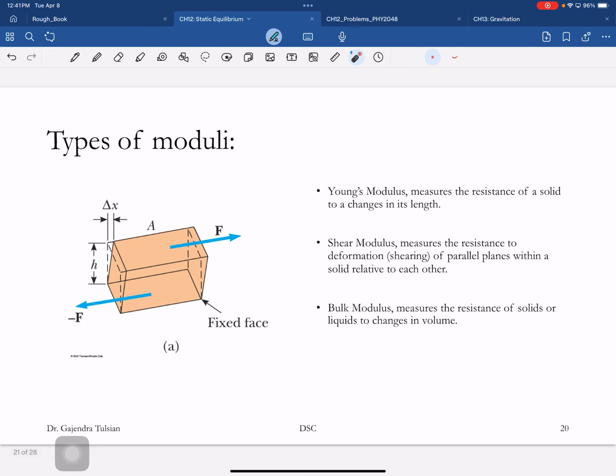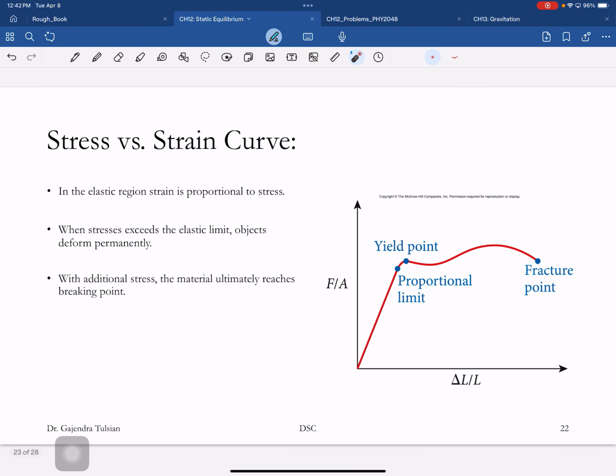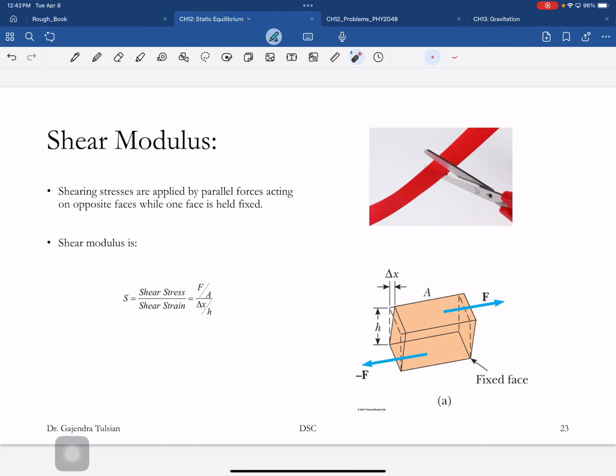The other deformation we'll consider is the following. We'll apply forces like this on opposite sides of the face, and then this layer will slide with respect to that layer. It happens when you're using your scissors, for instance.